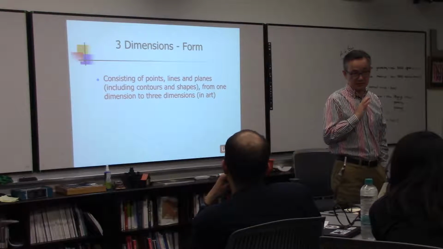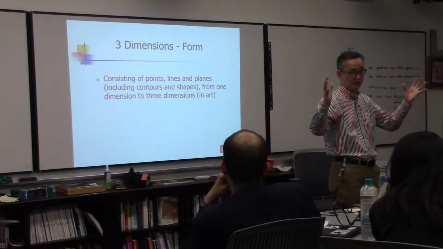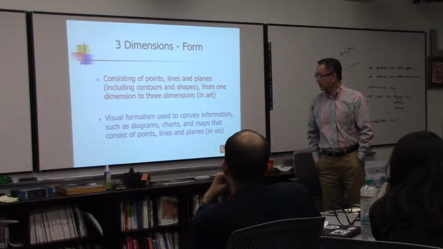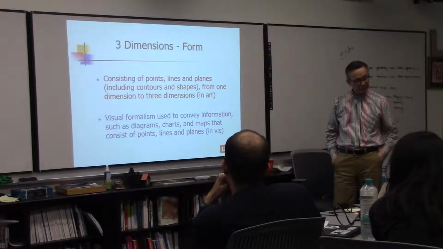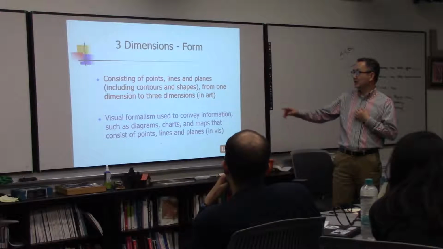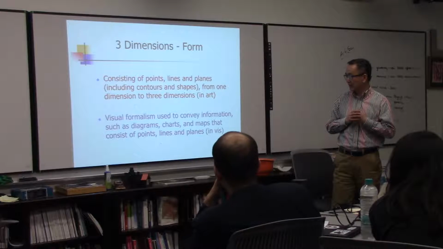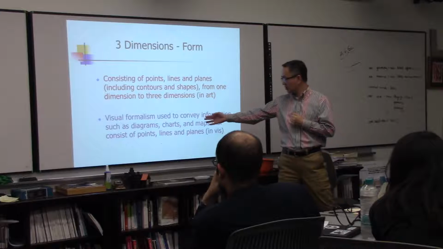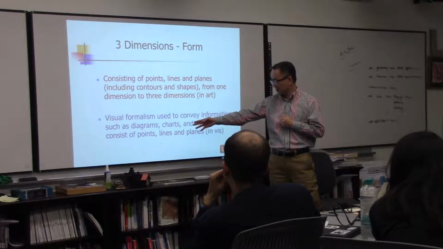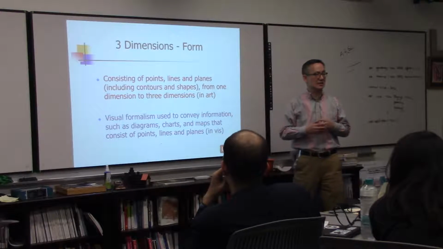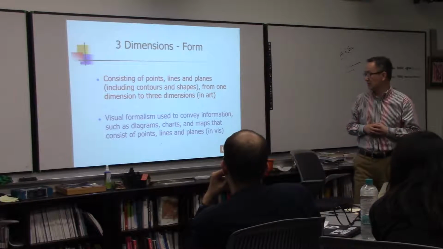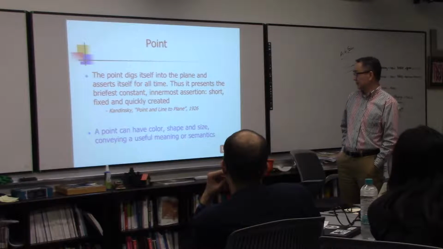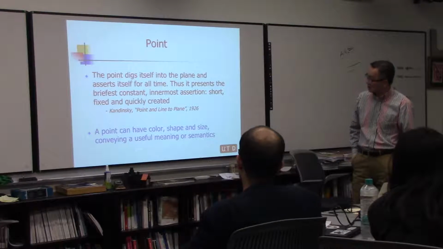This time we talk about the dimensions, the space. In visualization, or in computing in general, the visual formalisms we typically use to convey information, such as diagrams, charts, and maps, consist of points, lines, and planes in a very similar fashion. The first form is a point.